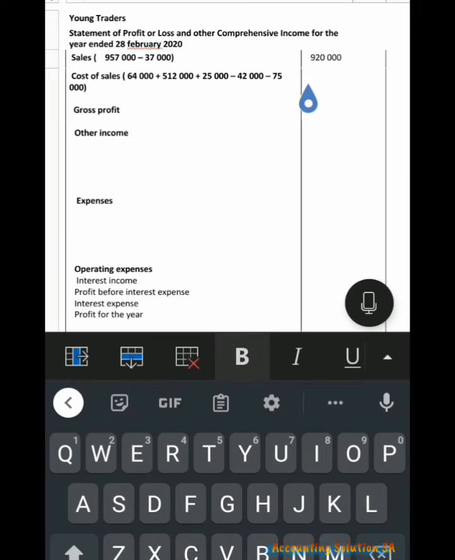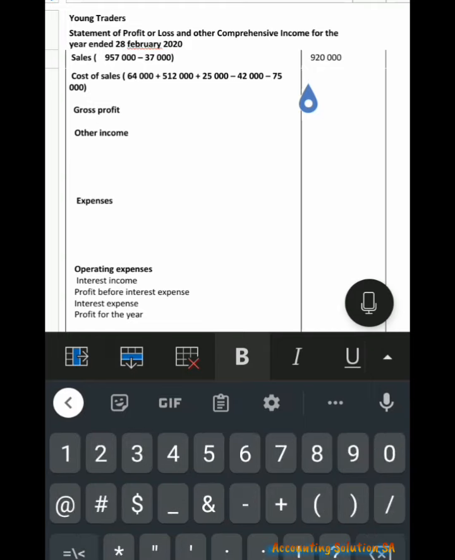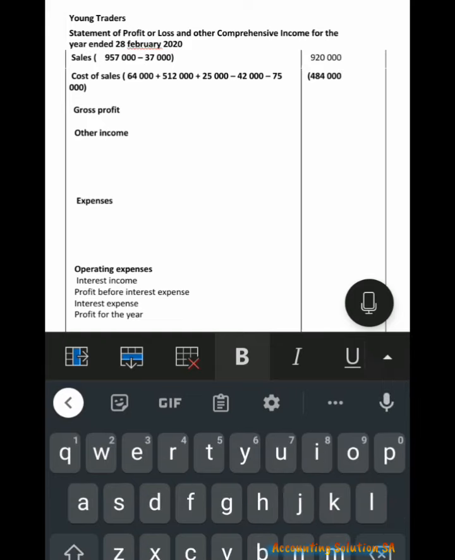Let's proceed. Let's get the total first for cost of sales: 64,000 plus 512,000 plus 25,000 minus 42,000 minus 75,000. So it gives me 484,000.